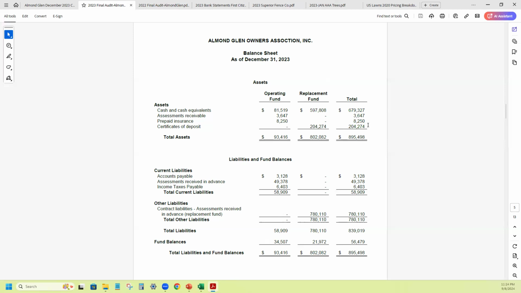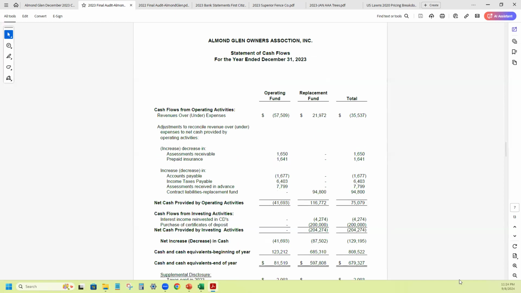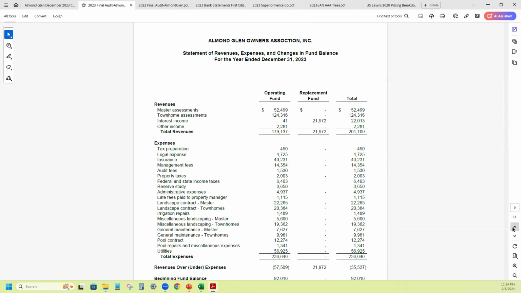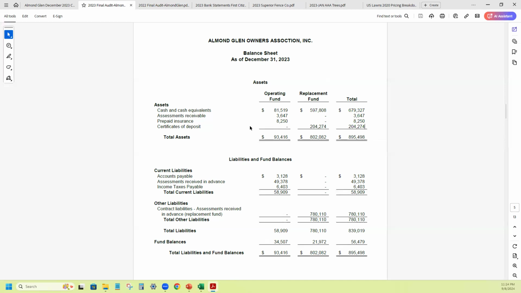So in order to get ending cash, we can flip to the cash flow statement if we want to, but this is probably even harder to read for some folks. Going back up to the asset section, we're just going to take cash levels, which is cash equivalents and certificates of deposit.